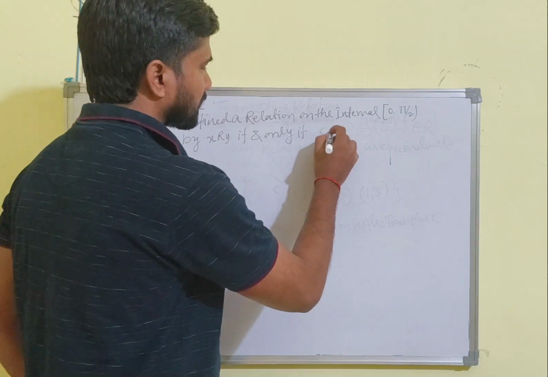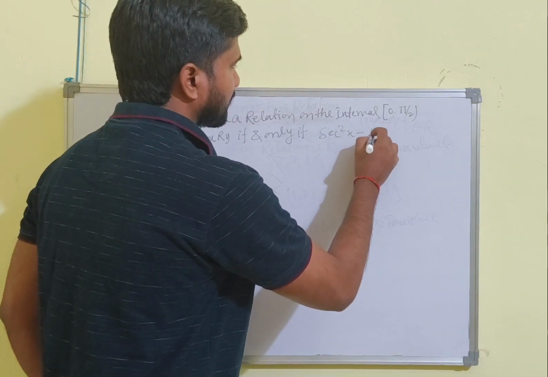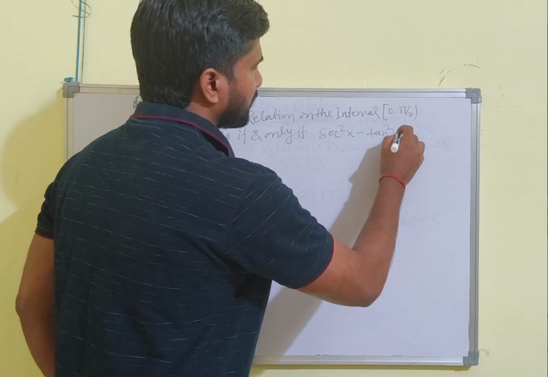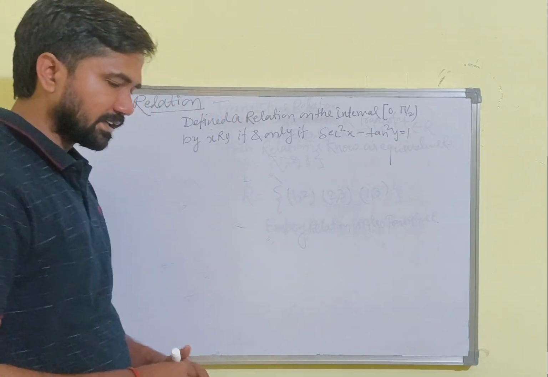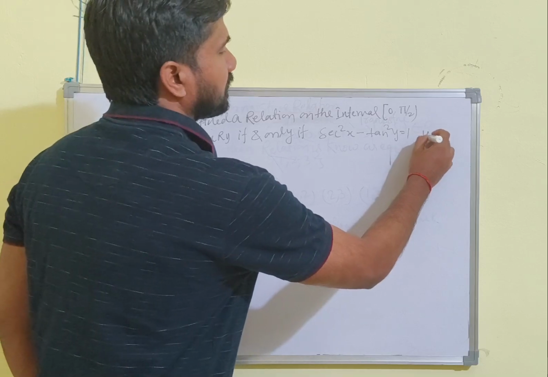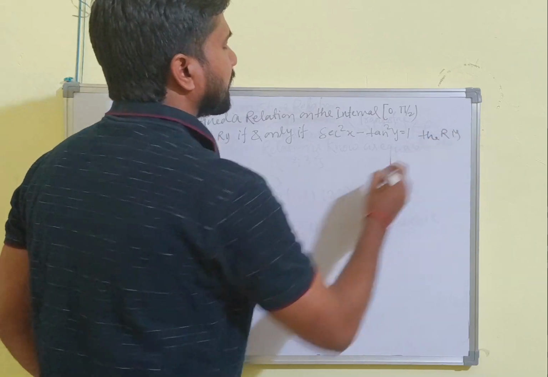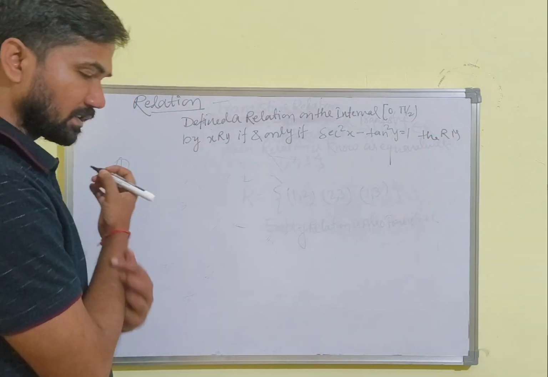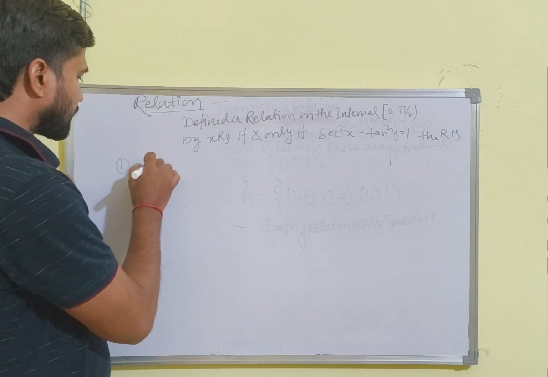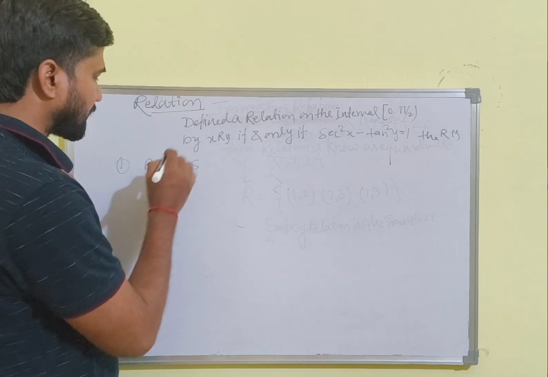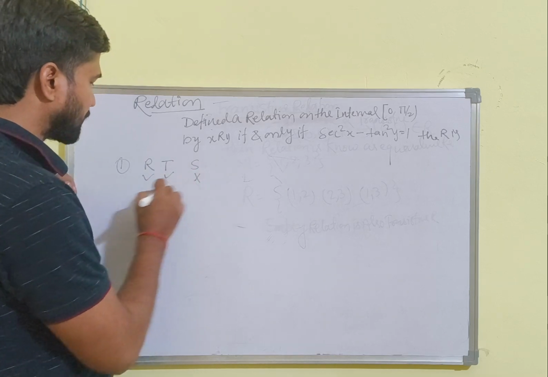sec square x minus tan square y equal to 1. Then R is, and here four options are given. First one, both reflexive and transitive but not symmetric.